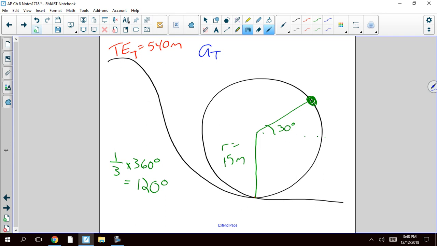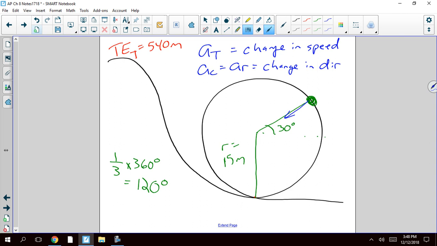It's basically speeding up or slowing down. And then there's also centripetal acceleration, sometimes called radial acceleration, because your acceleration always acts towards the center of the circle along the radius. So a radial acceleration is due to the change in direction.